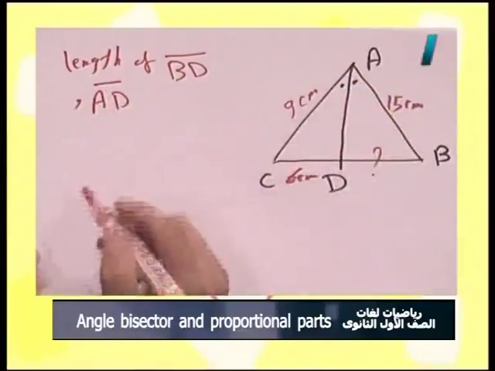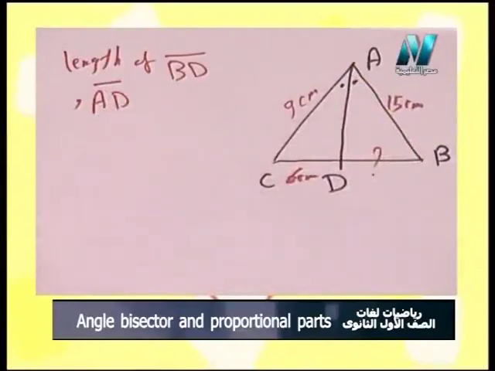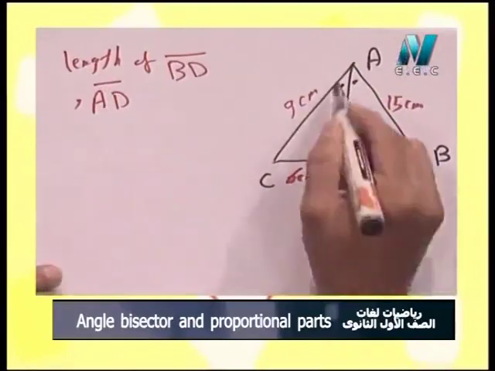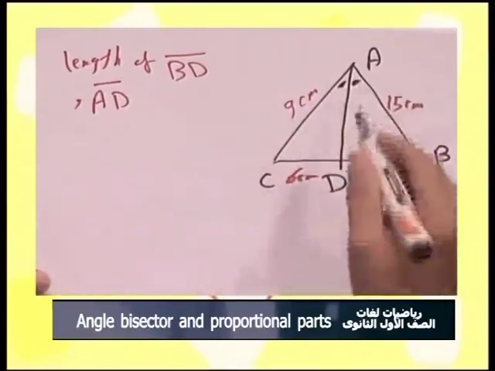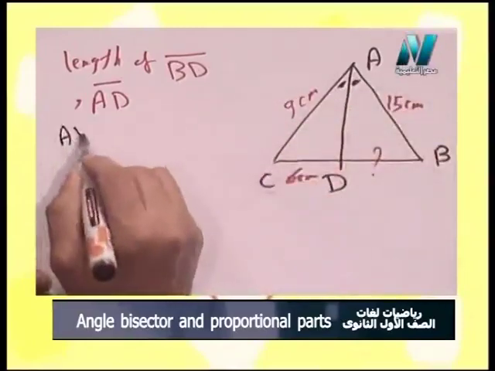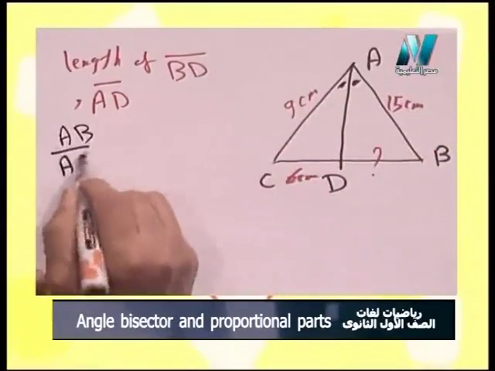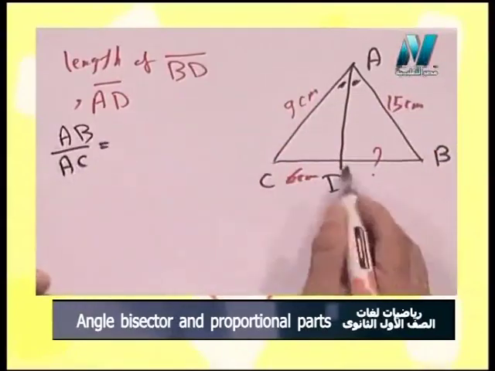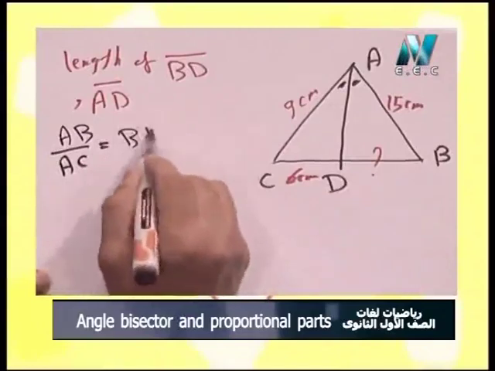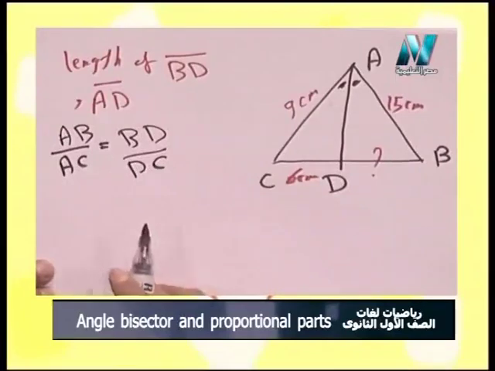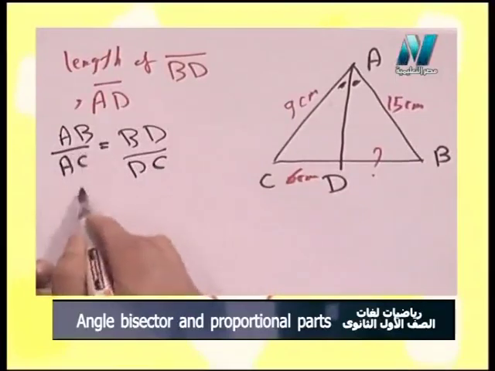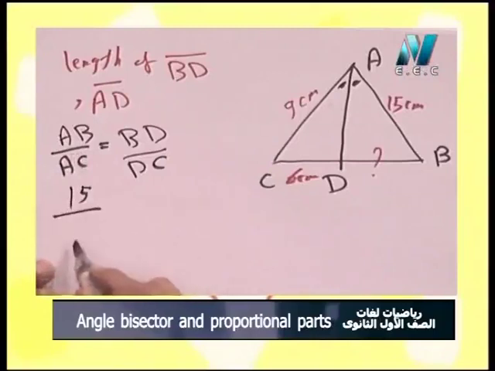We know from the last lesson that we will apply the bisector rule, AB over AC equals BD over DC. And we have the sides, the length of AB equals 15 over AC equals 9.